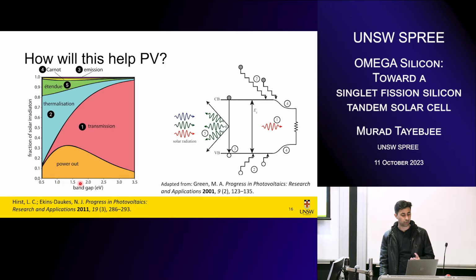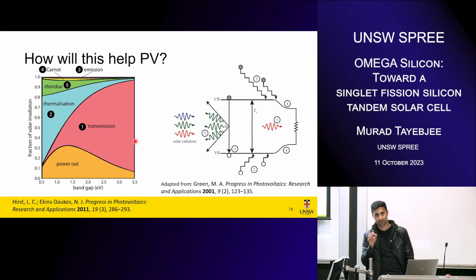So on our x-axis here, we have band gap, and our y-axis we have the fraction of solar irradiation. So you can see as you go to very, very, very large band gaps, we have a whole lot of our energy is lost to transmission because there's all these photons that have energy less than the band gap.